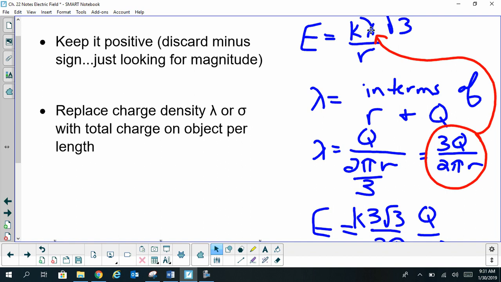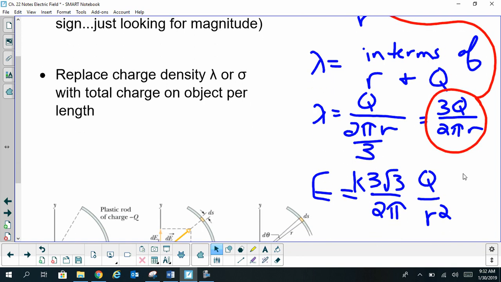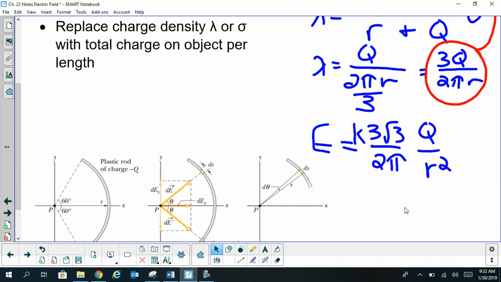And remember, the purpose of that is just to write our electric field in terms of Q instead of lambda. So that's where it says here, replace your charge density, either lambda or sigma, with total charge in the object per length. So then when we did that, we get our expression, and we are actually done at this point.